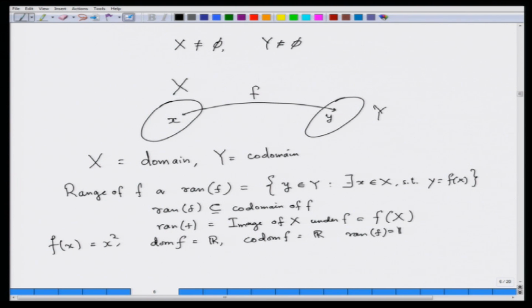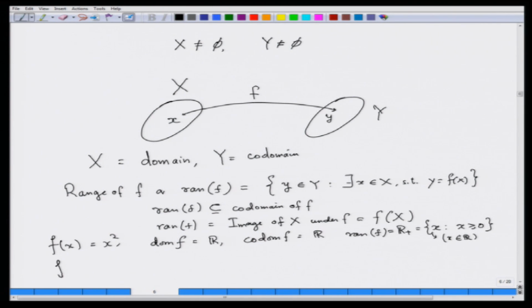It is the set R plus. R plus is the set of all x in R such that x is greater than or equal to 0. So, it is just one side of the number line which you have an idea about. So, my range is a subset of the codomain.